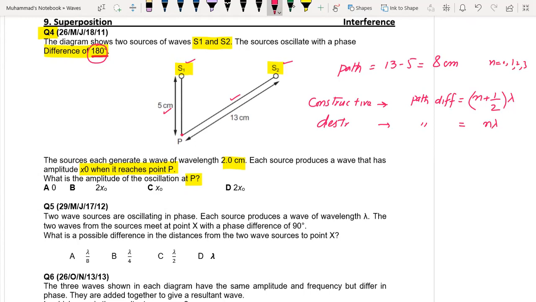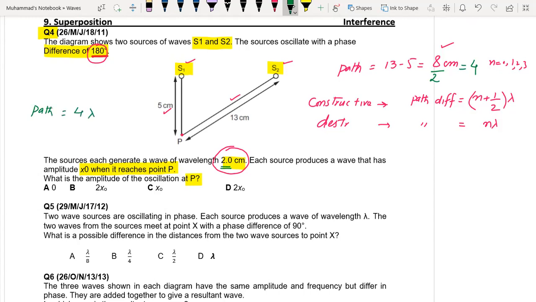Over here, the wavelength of these two waves is 2 centimeter. If I divide this path difference, 8 centimeter, by 2, I get 4. So the path difference is an integer multiple of the wavelength.